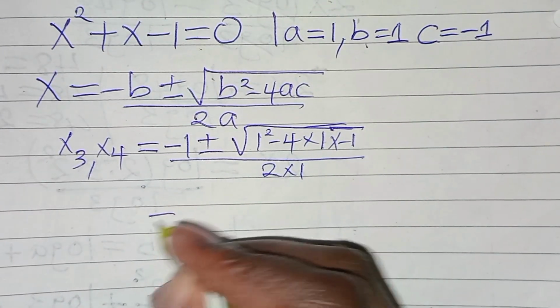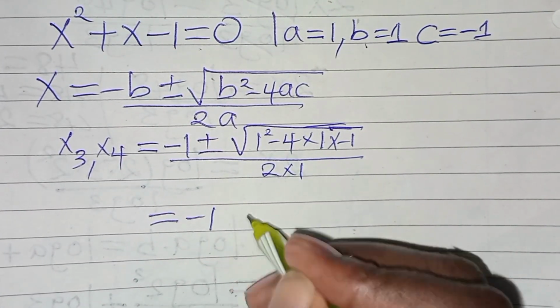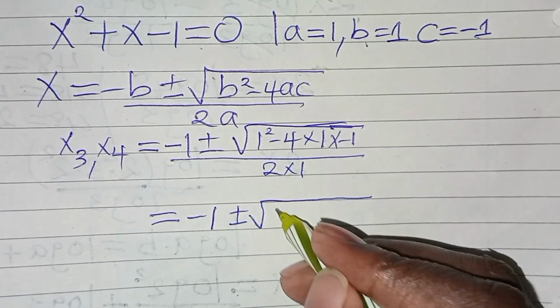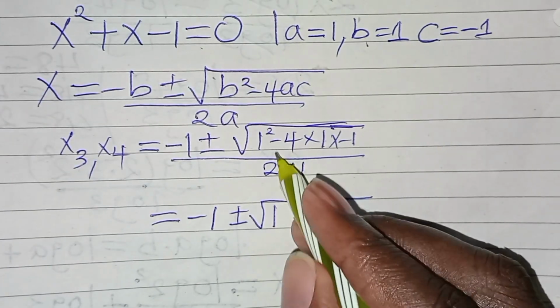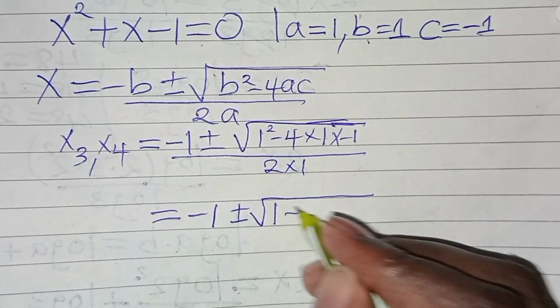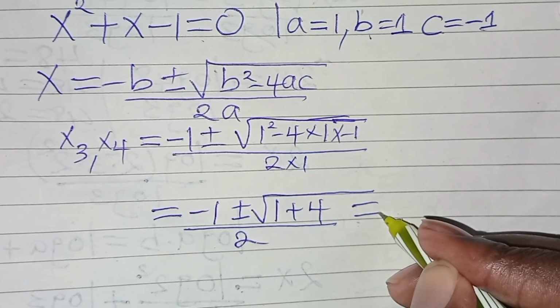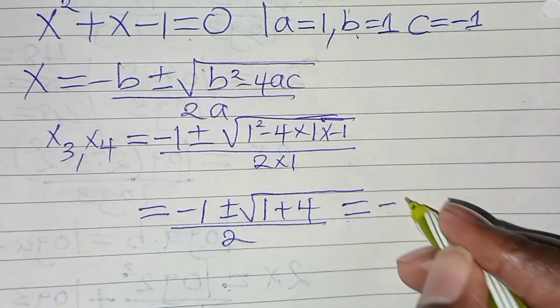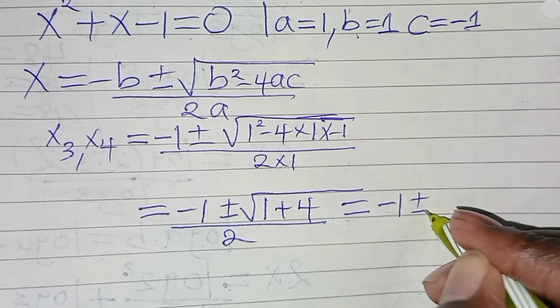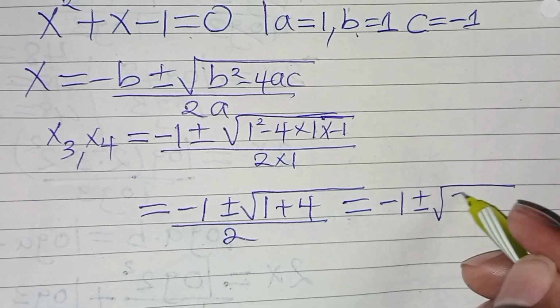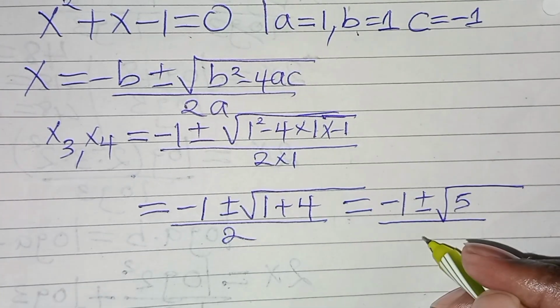So here we'll have negative 1 plus or minus the square root of 1 squared, which is 1, minus 4 times negative 1, which is plus 4, all divided by 2. So this is equal to negative 1 plus or minus the square root of 1 plus 4, which is 5, divided by 2.